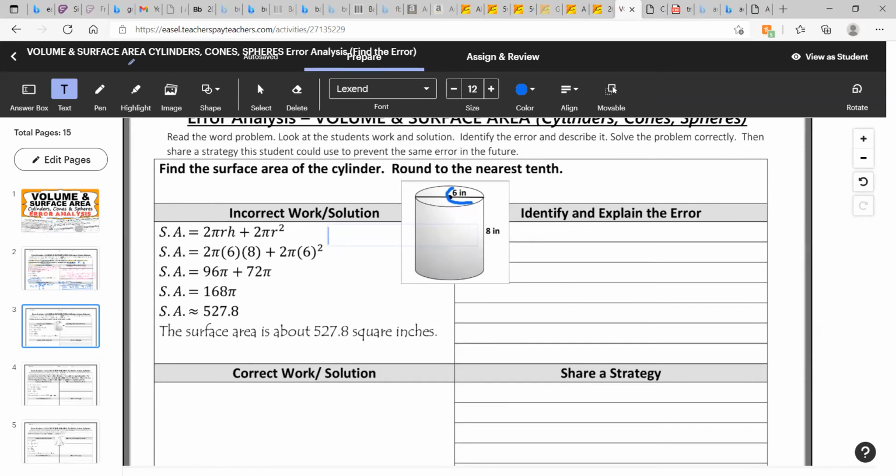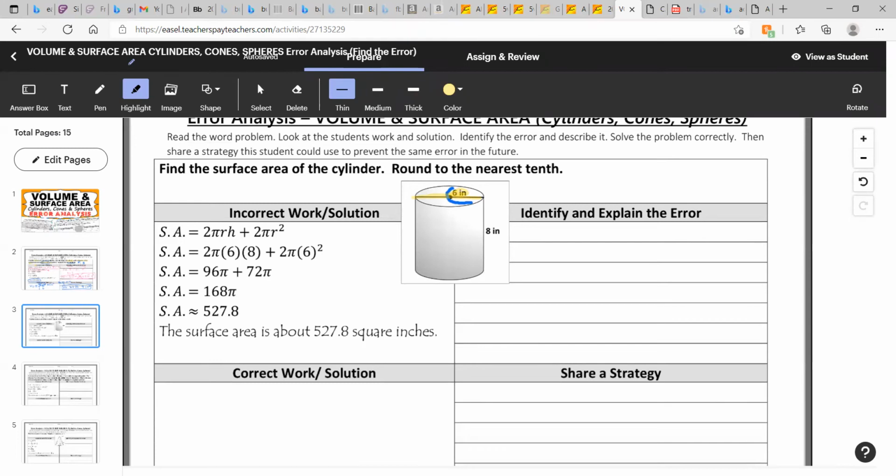Okay, let's try this. Let's see what you did. Okay, so number 3, we have the diameter given to us. Diameter is 6. So this distance is 6.